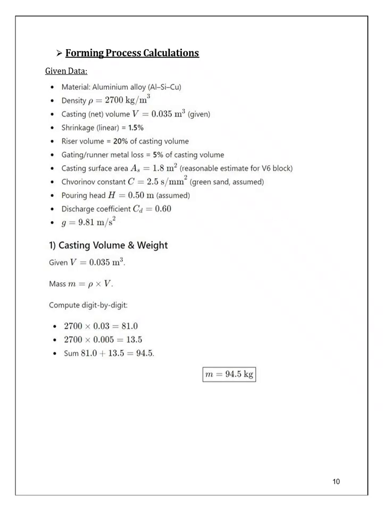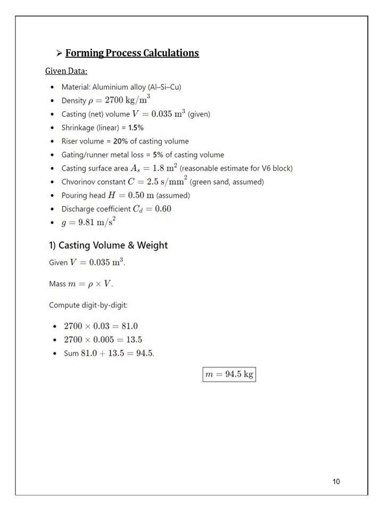For the forming process calculations, we have calculations using given data and density. The given data include material, cavity, shrinkage, riser, gating, casting surface, pouring head, and g.